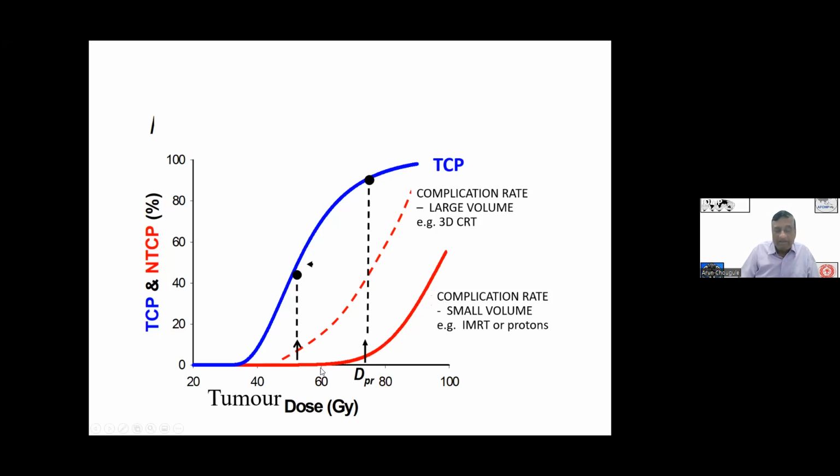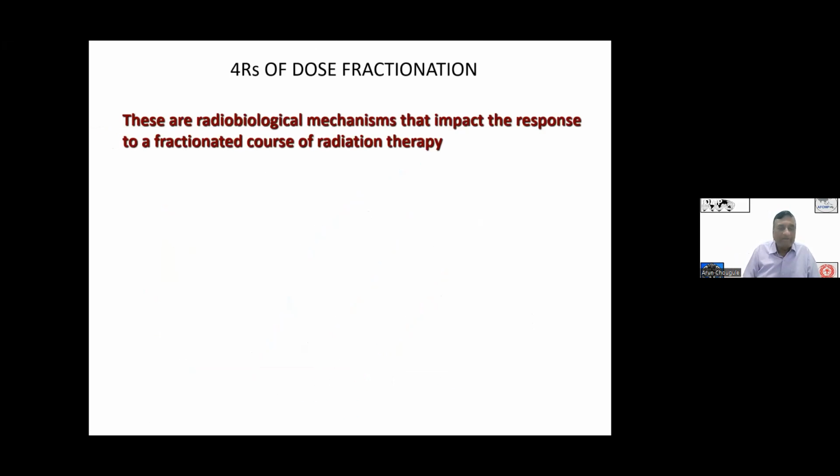In earlier days of radiotherapy, the maximum dose we were able to give was 60 or 65 gray because of complications in the normal tissue, as the fields were square or rectangular. But now with conformal techniques we can escalate the dose to 80 gray, 100 gray, 120 gray, and there we can have a much better tumor control probability.